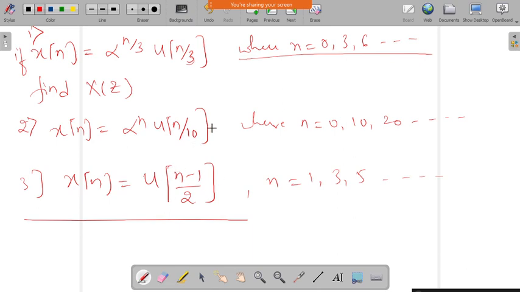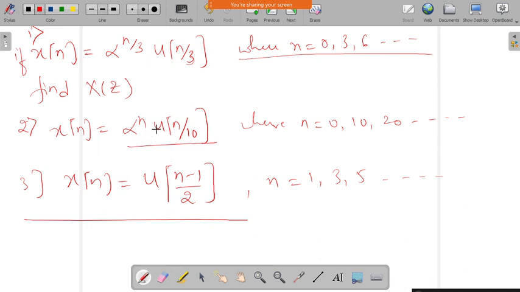And here, applying linearity, and then, sorry, this one, differentiation. No, here it is scaling, as well as time expansion. Then you have to apply linearity.